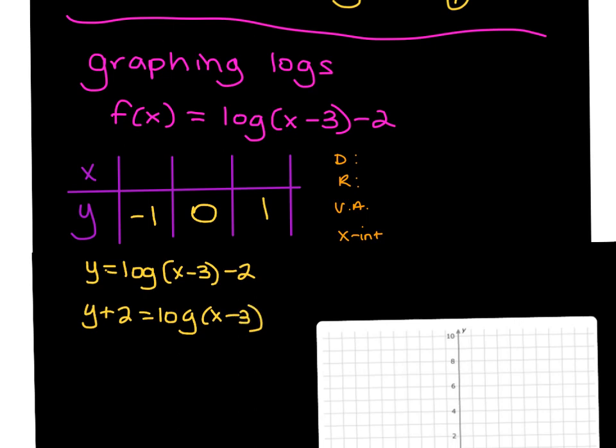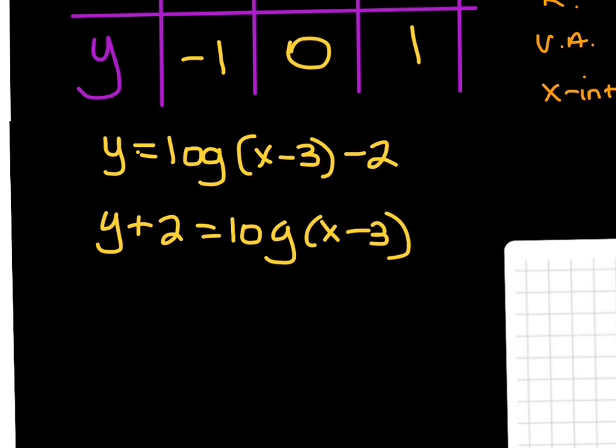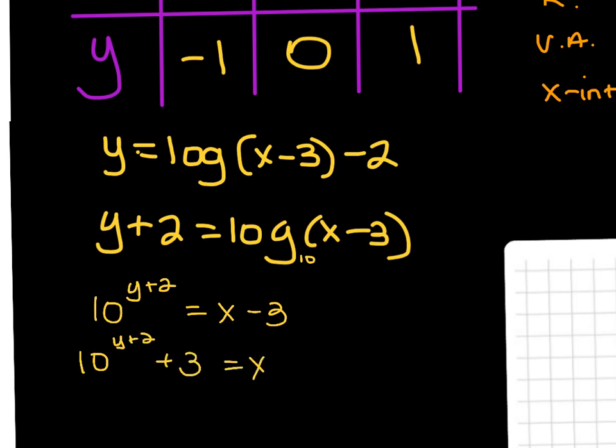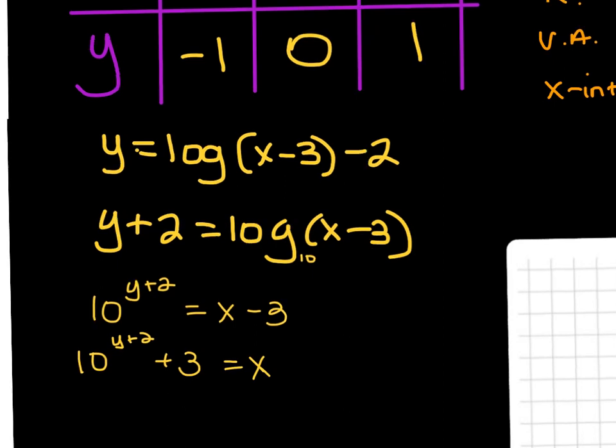And then I'm going to convert this into exponential. So this is a base of 10. 10 picks up the y plus 2. That whole thing is in my exponent, equals x minus 3, and add the 3. And now I've solved it for x.